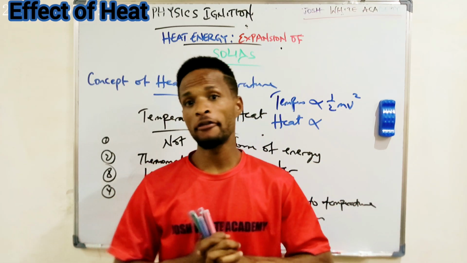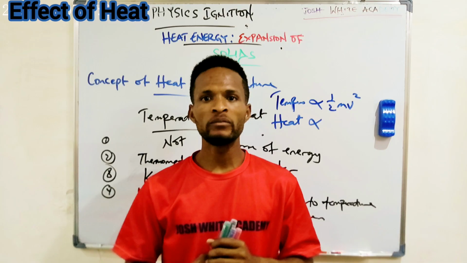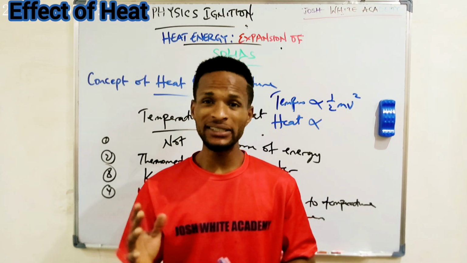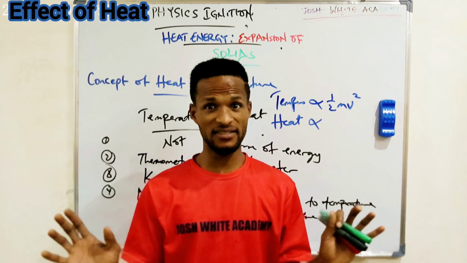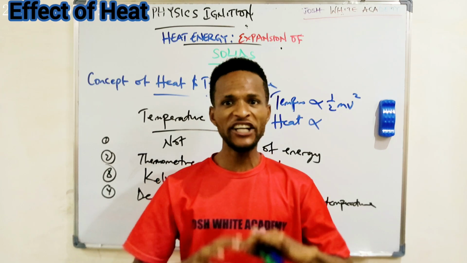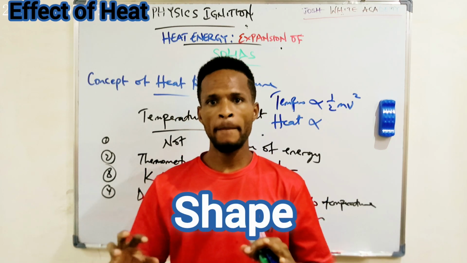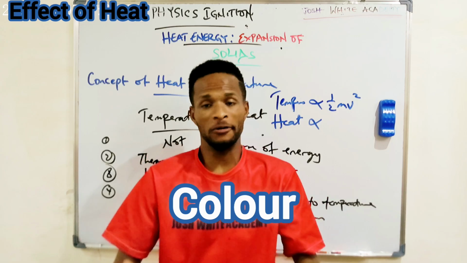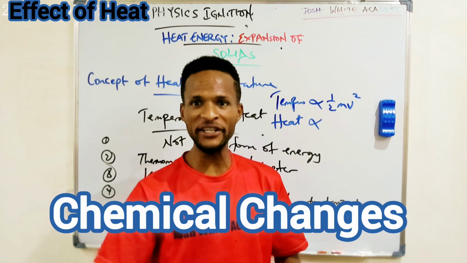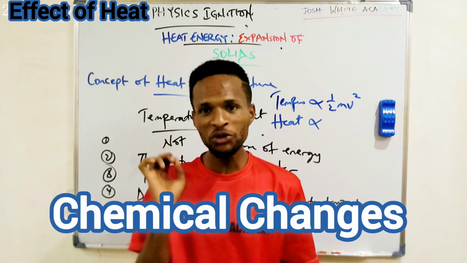So, effect of heat. Now, when heat is applied to a body, it can cause different things, ranging from physical changes like shape, like color, even chemical changes can be altered due to it.